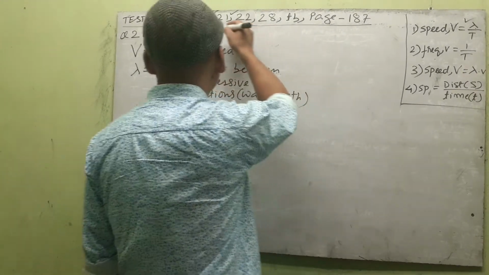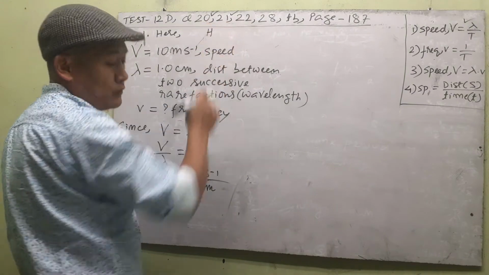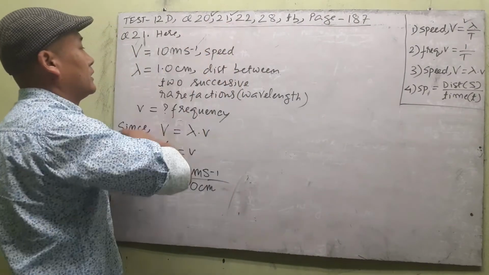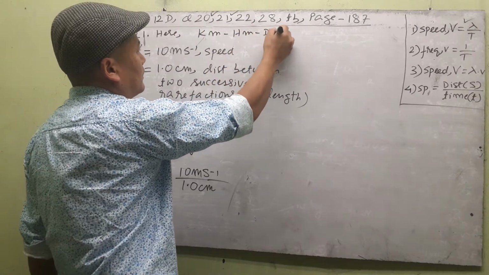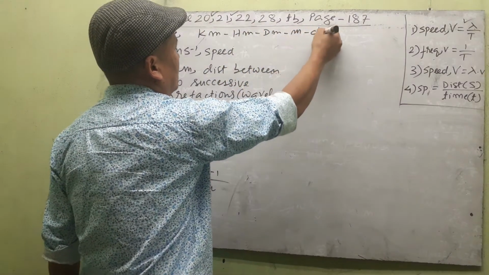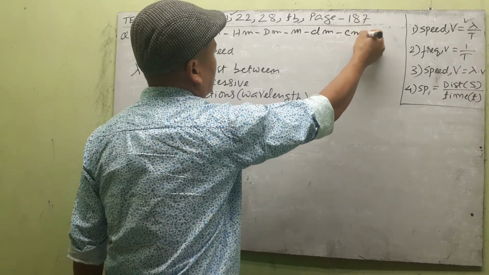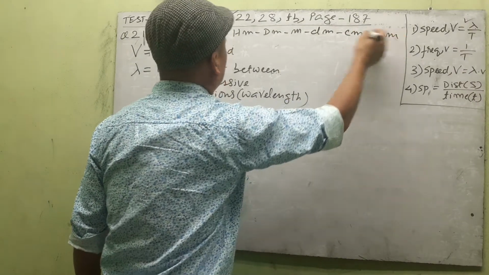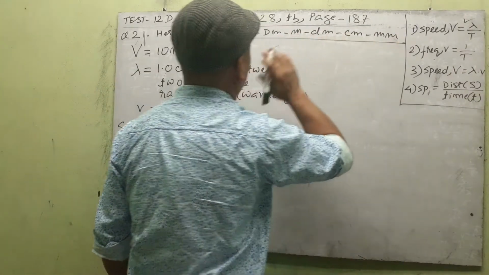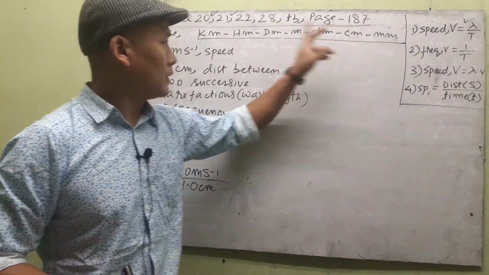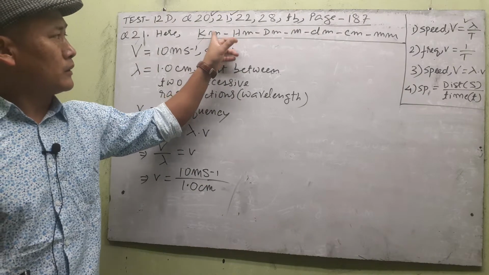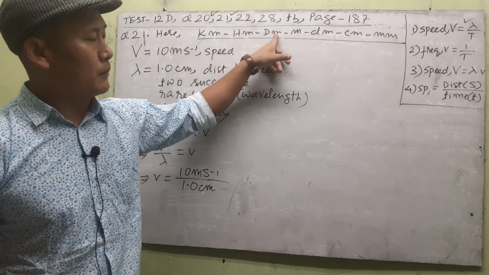For that we need to know the conversion factors, as we discussed in the beginning: kilometer, hectometer, decameter, meter, decimeter, centimeter, and millimeter. The bigger units are on the left, and as we go right it becomes smaller. 1 kilometer is 10 hectometer, 1 hectometer is 10 decameter.